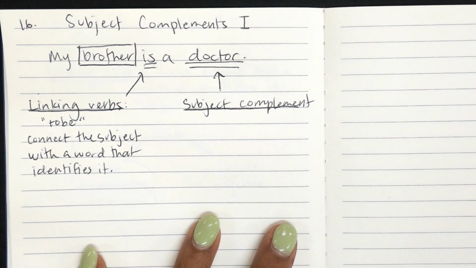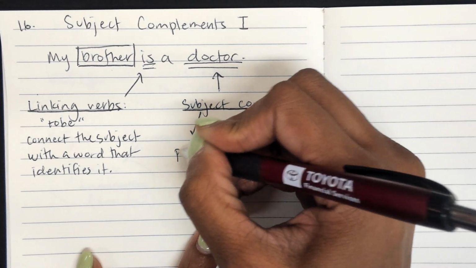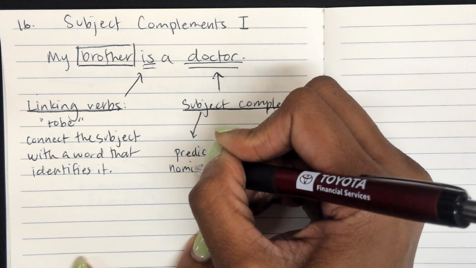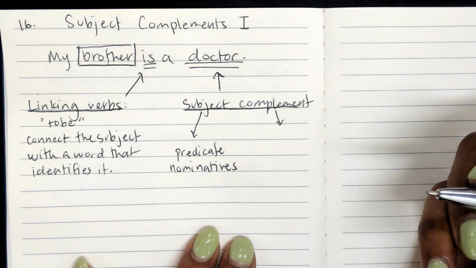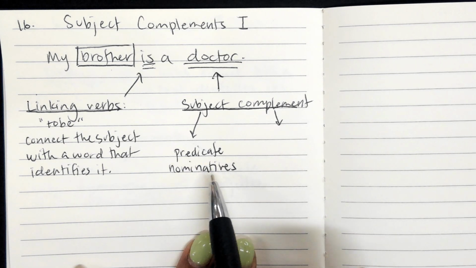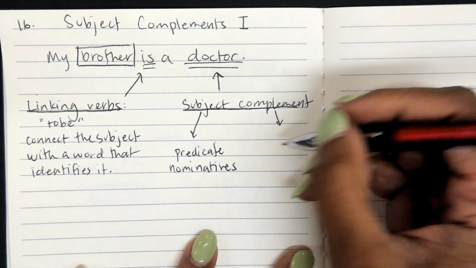Now, there are two different kinds of subject complements. There are predicate nominatives, can you guys try saying that word for me? All together. Go for it. Predicate nominatives. And there are predicate adjectives.